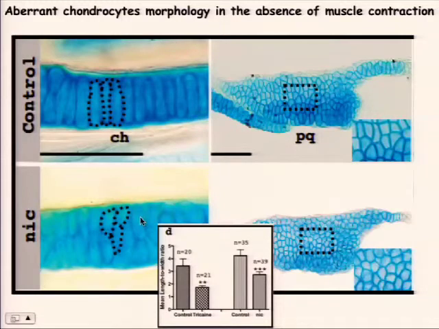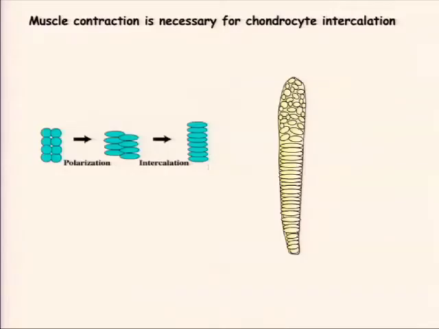That hinted at an explanation for the deformation that we saw in the skeleton, because there is a very important process, both in zebrafish and in our growth plate, which regulates elongation, and that's chondrocyte intercalation. As you can see, there are cells that change their morphology and then slide one on top of the other, and by that you get elongation, and that's what you can see here in the bone.